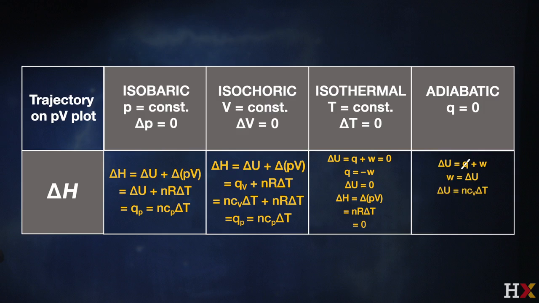That's equal to delta U, but now we want delta H. And delta H is equal to delta U plus the change in the product of pressure times volume. And when we work that out, that's n c sub V delta T plus nR delta T, and that gives us n c sub P times delta T.